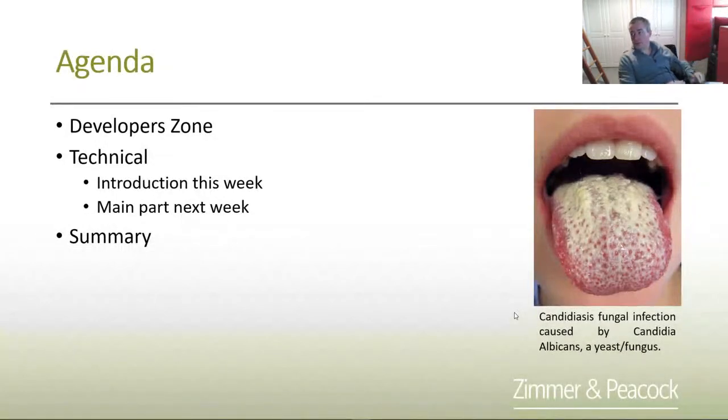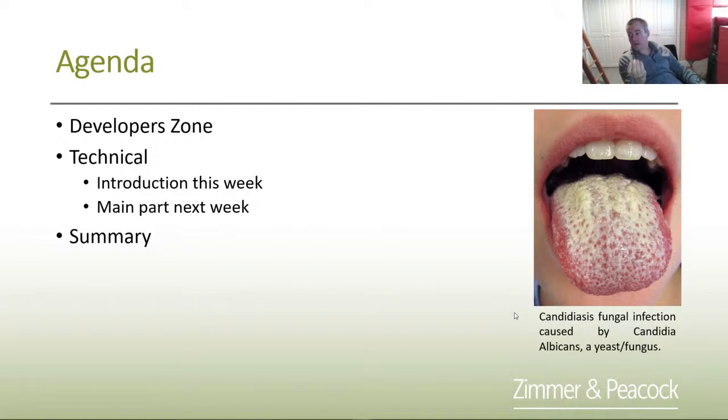What I'm going to talk about from a technical perspective this week is an infection called Candidiasis. It's a fungal infection that's caused by Candida albicans. And we have a new member called Anti-Candida, who is kind of interested in this.